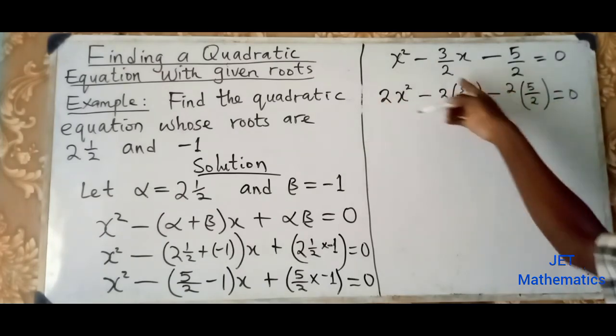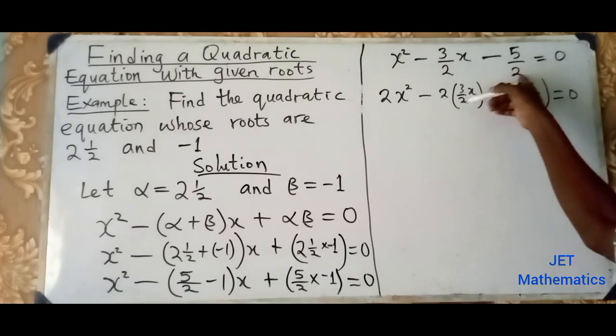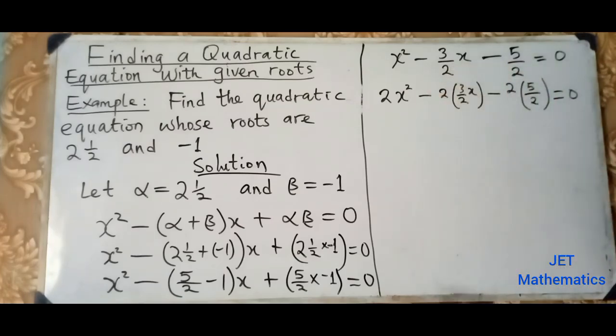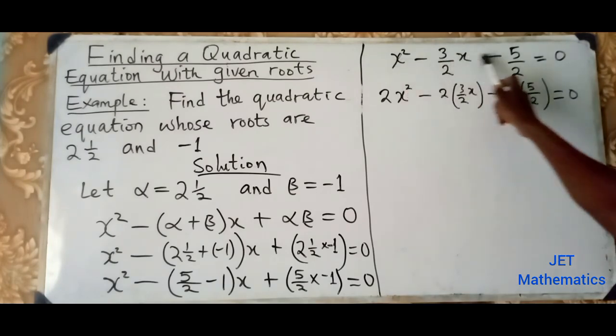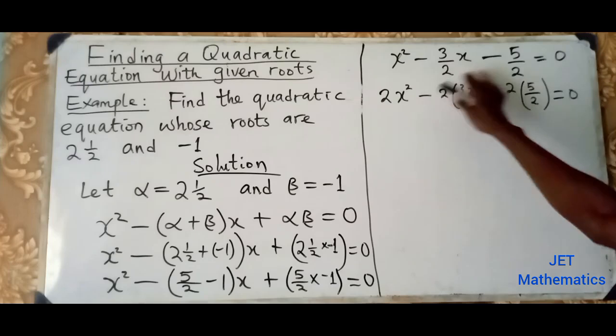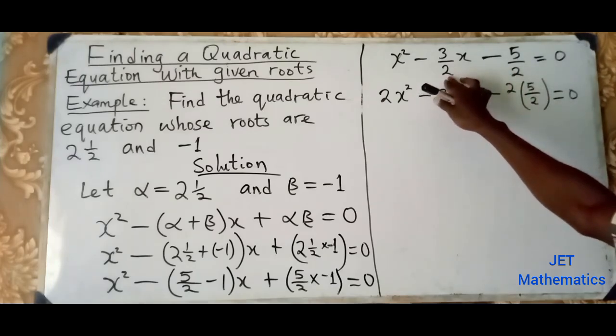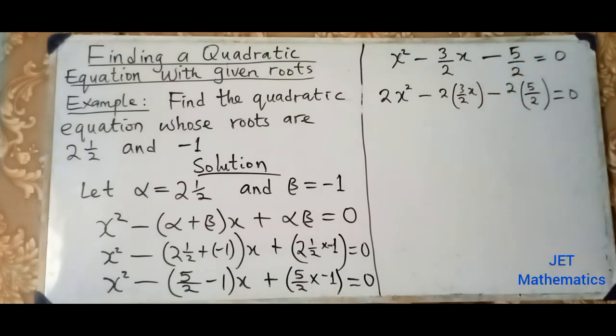So we are multiplying through by 2 because the lowest common denominator here is 2. I repeat, we are multiplying through this equation by 2 to clear these fractions because the lowest common denominator of the fractions is 2. Is that okay?